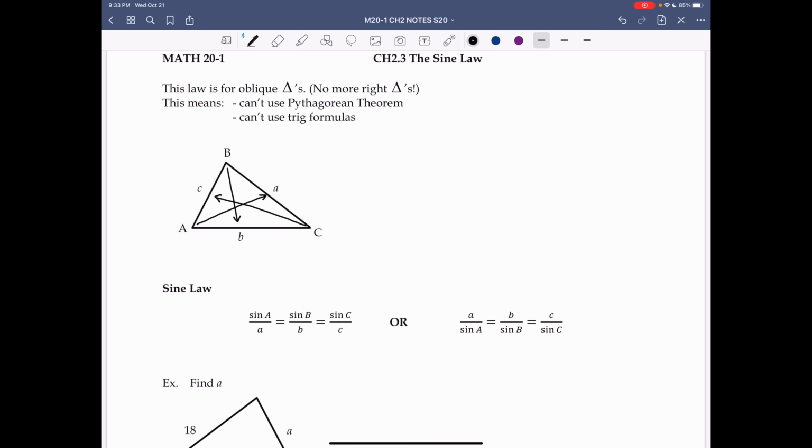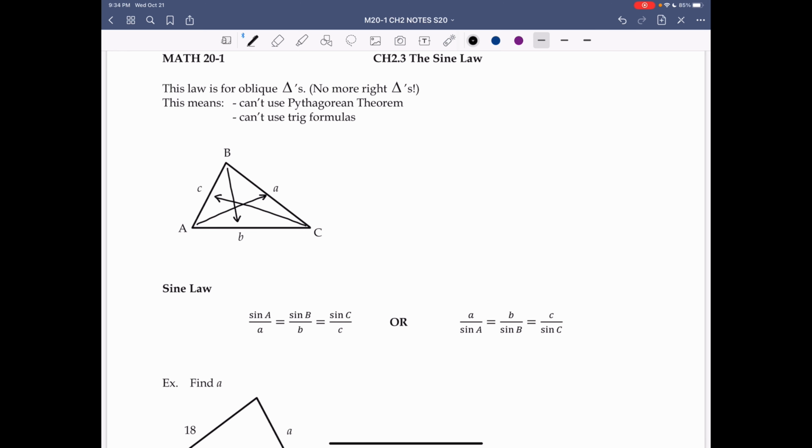The sine law states that the sine of angle A over side a is equal to the sine of angle B over side b, and is equal to the sine of angle C over side c.